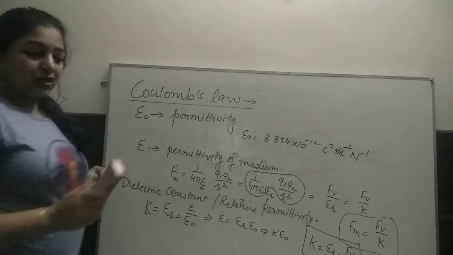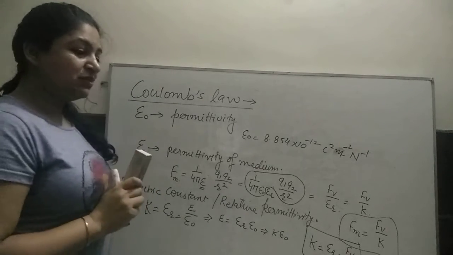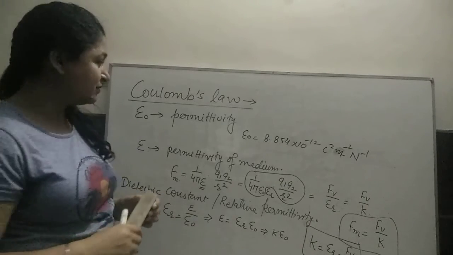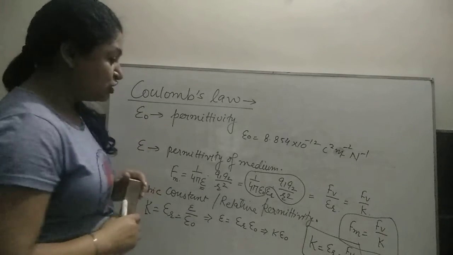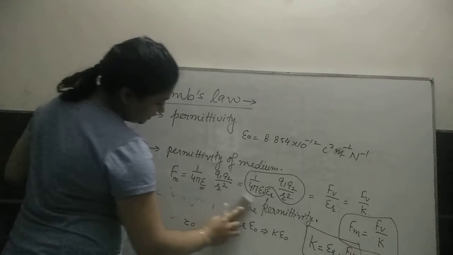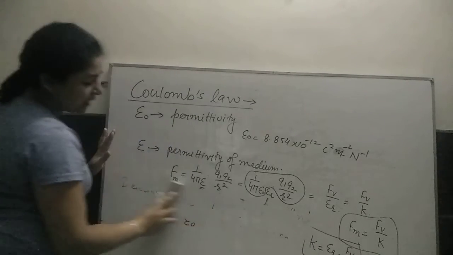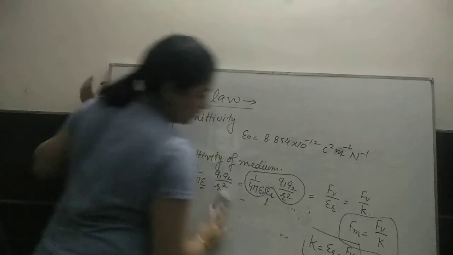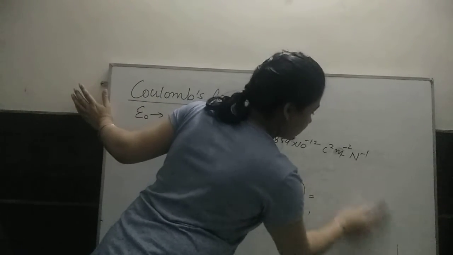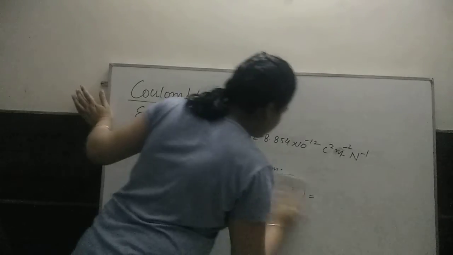Now, you know that force is a vector quantity and only magnitude is not sufficient to write this physical quantity. So we need to write the direction also. And for directions, we need to write this law in vector form. So let us write this law in vector form. We'll simply add the directions, that's all.